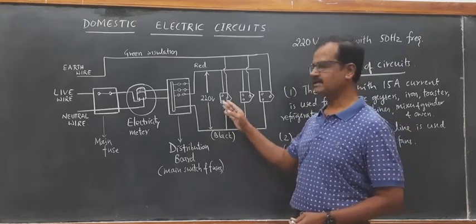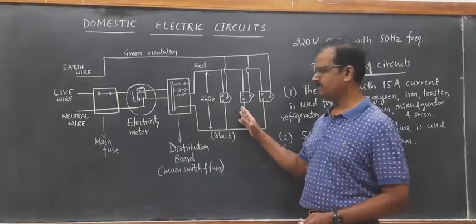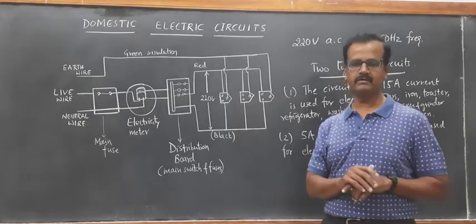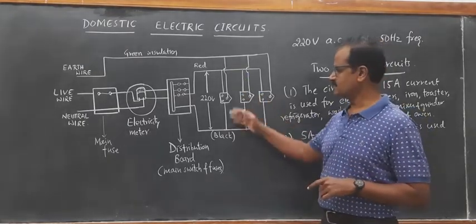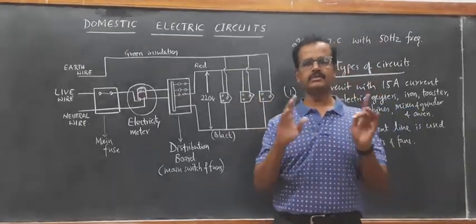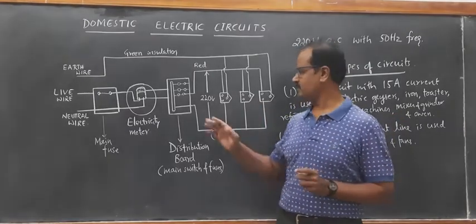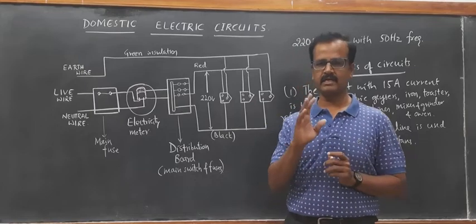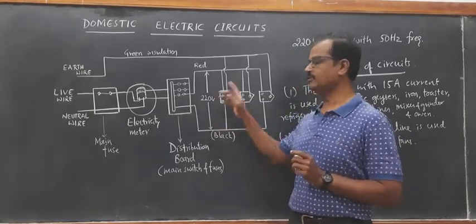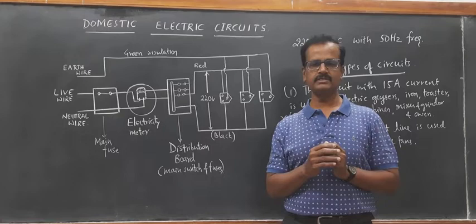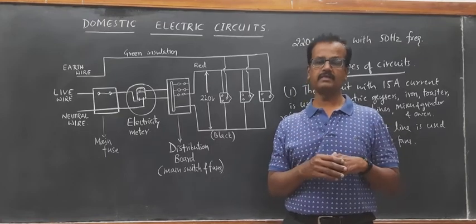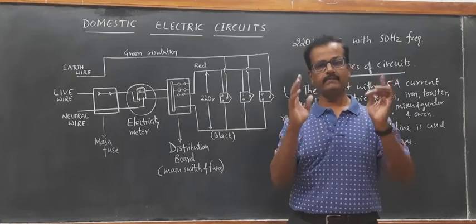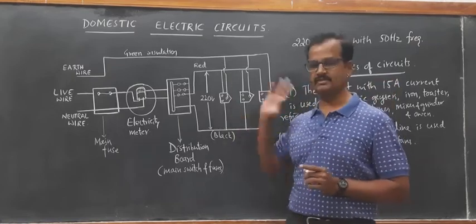So one parallel circuit will be for one tube light, another for a fan, and the third may be for another bulb. These circuits are always used in parallel so that for each circuit the potential difference supplied is always the same, 220 volts. Parallel combination is used in domestic circuitry so that every appliance gets the same potential difference.